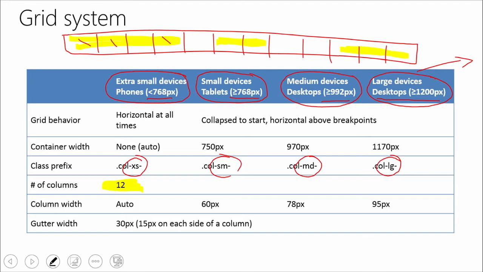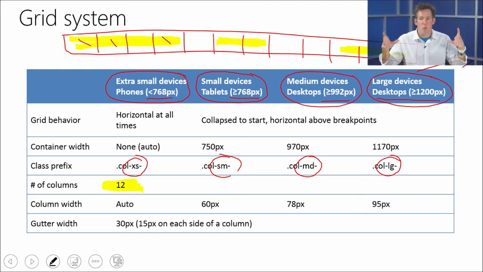Now, one of the other things you may have noticed is that when I shrunk my window down, it didn't get very small until all of a sudden it became a single column. You might be going, well, wait a minute, you had 12 columns, you had all that data spread across that one row, you shrunk it down and now all of a sudden it became vertical. What gives? Well, as you shrink down in size, Bootstrap realizes, I don't have a whole lot of horizontal space to work with here.